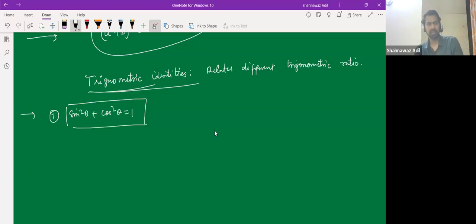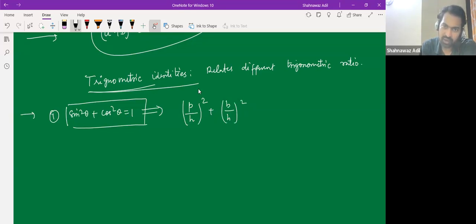Okay, and how can we prove this? The proof is very simple. We know what sine theta is. What is sine theta, Abir? Perpendicular by hypotenuse, and this is squared. And then cos theta is base by hypotenuse, and this is squared.